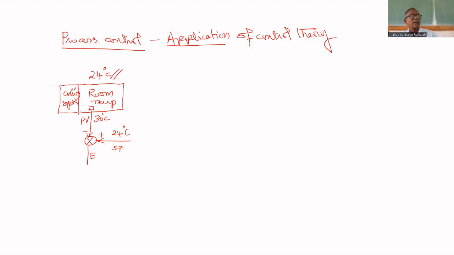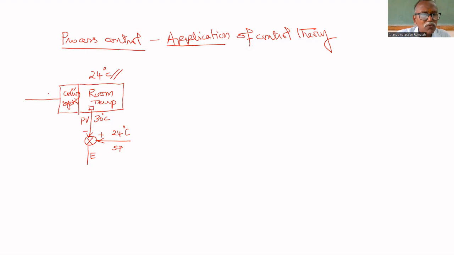If error is there, then only we have to control. Suppose 24 minus 30 means minus 6 degrees centigrade. The difference is 6 degrees centigrade. That is minus, it means the temperature is higher than the required one. That's why we have to turn on the cooling system.